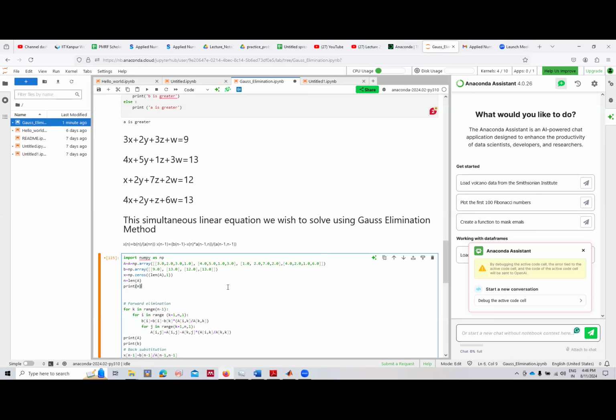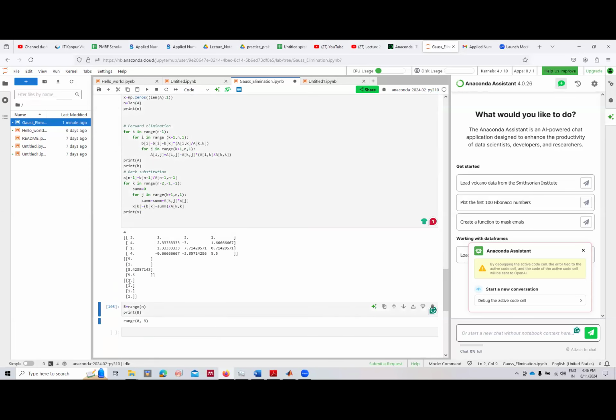So if I simply press shift enter, see, I got 1, 1, 1.